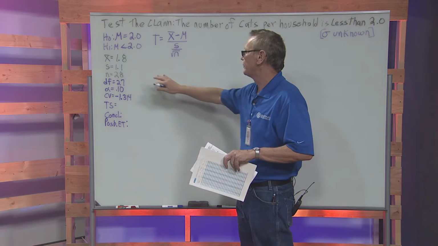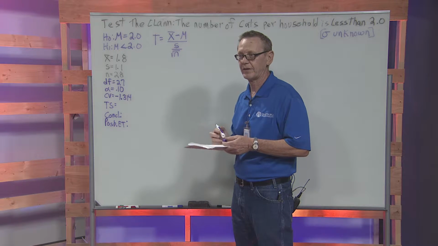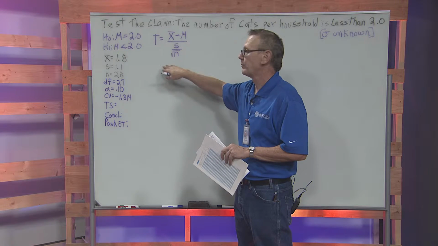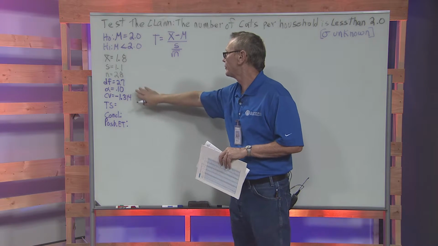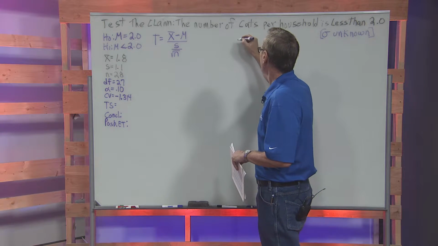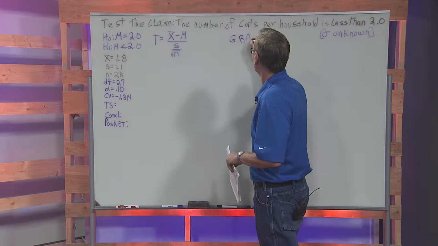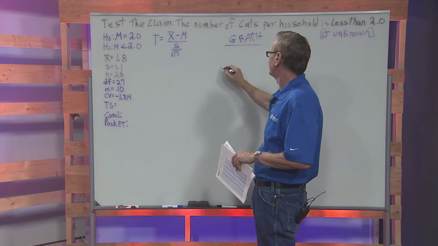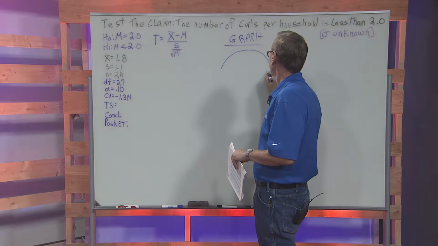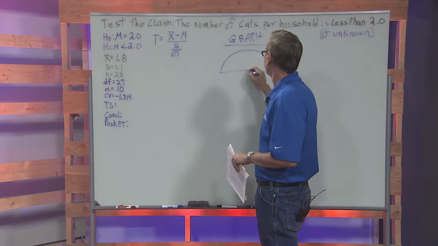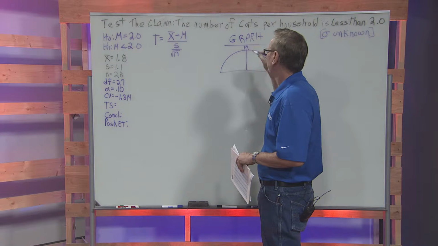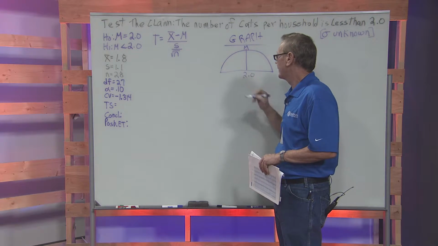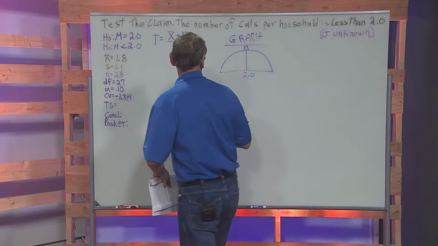What I'll do next is draw a picture of our hypothesis test and the critical value, then we'll work the problem. So I'll take the data and make the graph. The graph is basically a bell curve. The population mean is in the middle, and 2.0.